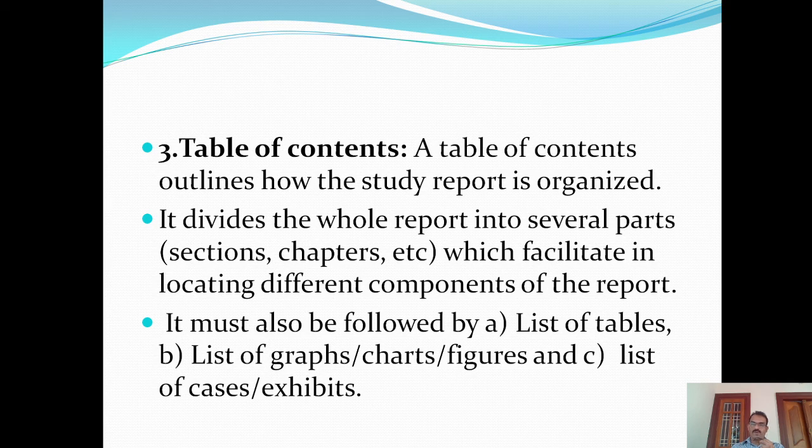It must be followed by first one, list of tables given in the report. Second one, list of graphs, charts, figures, etc. And third one, list of cases or exhibits.